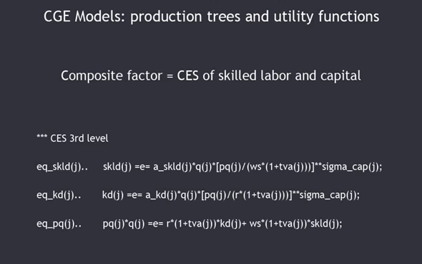So in the ratio of prices, you have the ratio of the composite price PQ in sector J divided by WS multiplied by 1 plus the value added tax. So it means that when either WS or TVA is augmented, the demand for this factor, skilled labor, is reduced.